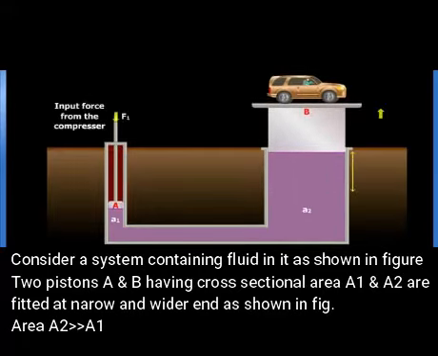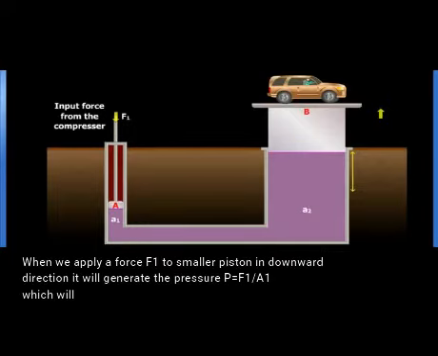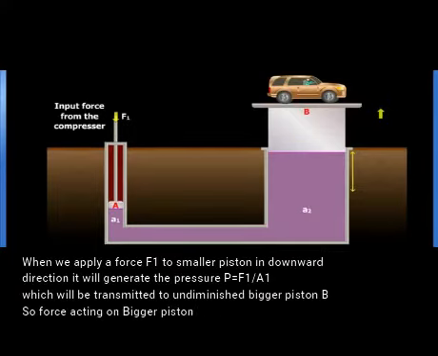We can see that area A2 is greater than A1. When we apply a force F1 to the smaller piston A in the downward direction, it generates a pressure P equal to F1 upon A1, force upon area, which is transmitted undiminished to the bigger piston B.